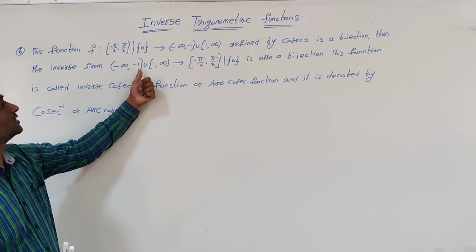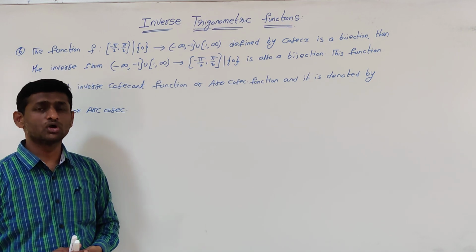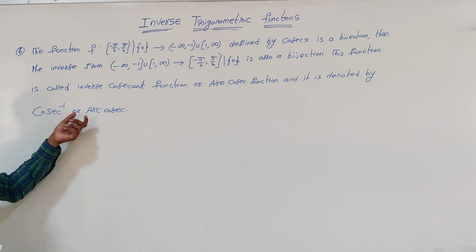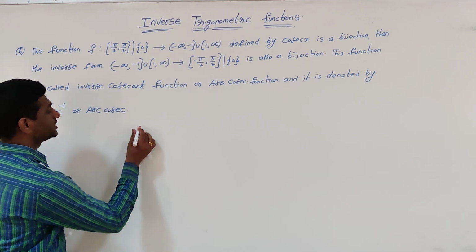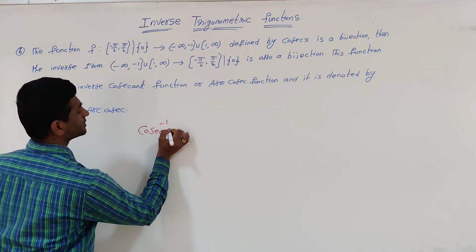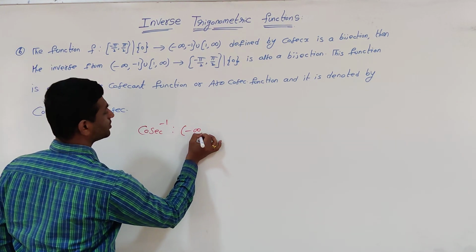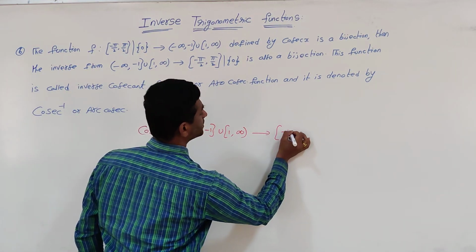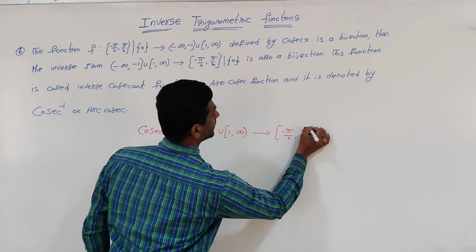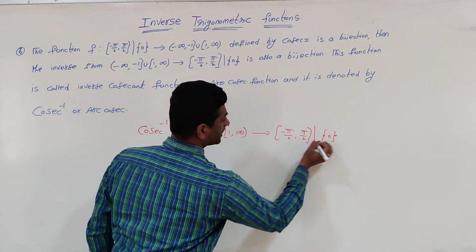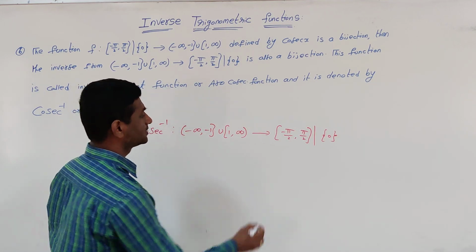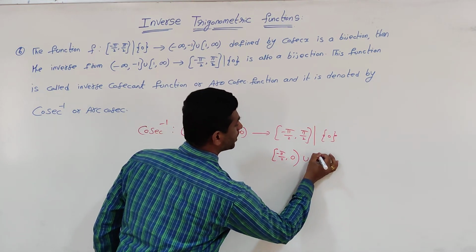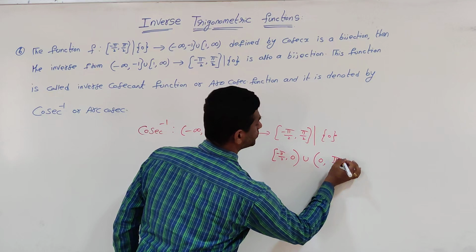Then this function is called the inverse cosecant function or arc cosecant function, and it is denoted by cosecant inverse of x or arc cosecant x. Means cosecant inverse is a function from minus infinity to minus 1 union 1 comma infinity to the closed interval minus pi by 2, pi by 2 except 0, or we can rewrite as half closed minus pi by 2, 0 open union half open 0, pi by 2 closed.